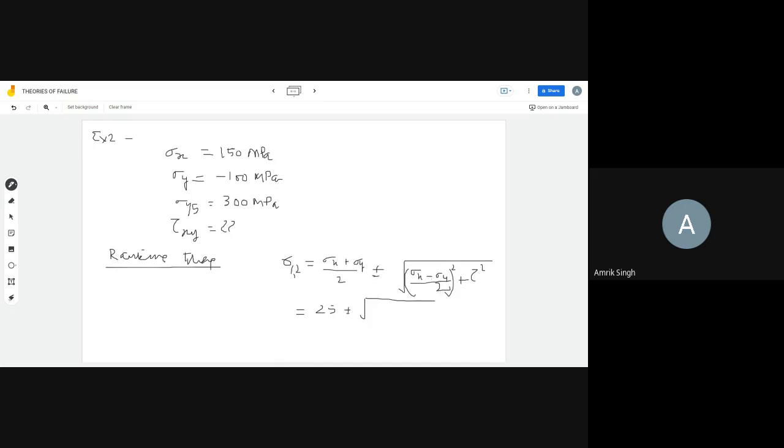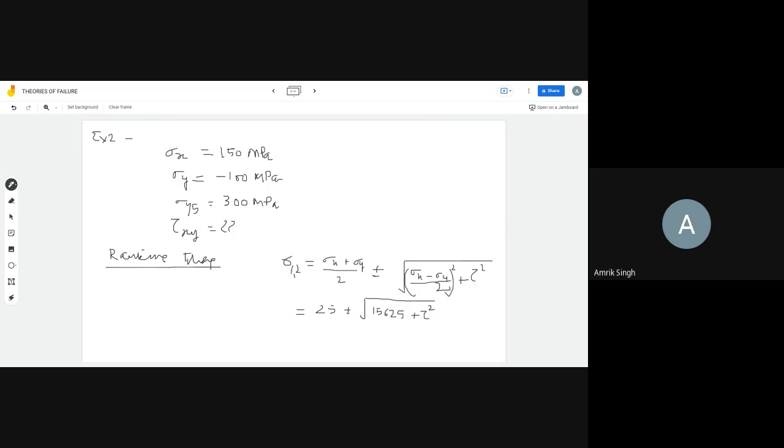So it will be 250. 250 by 2 is 125, and that will give you 15,625 plus tau square. Okay. So this will be the relation.